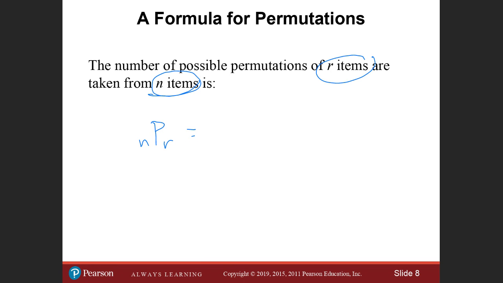You have n factorial, divided by n minus r factorial. That's the formula. But again, this is given as a function in your calculator, so you can just use that function.